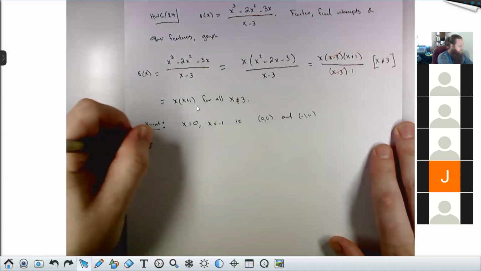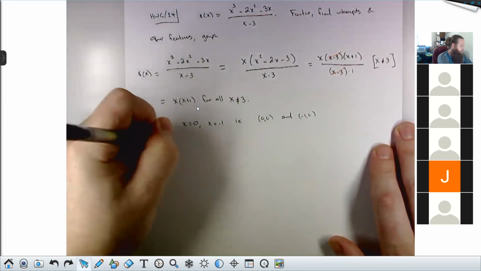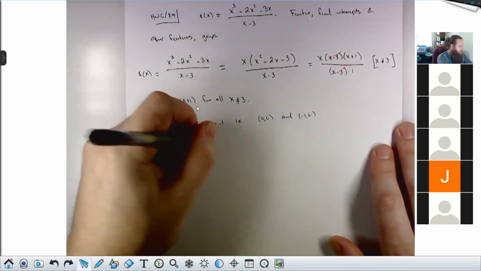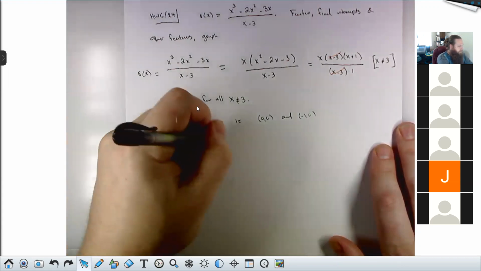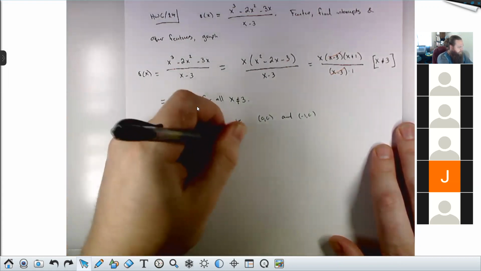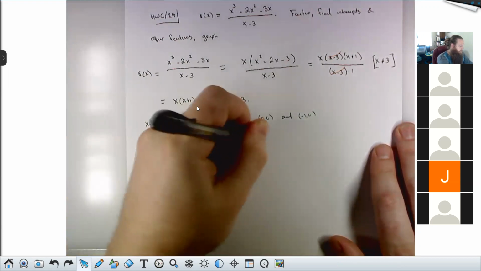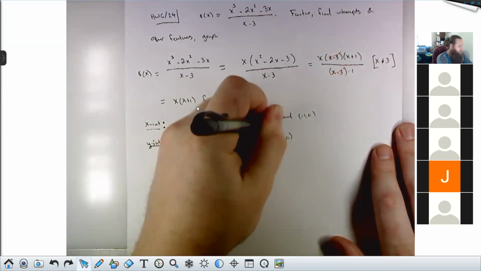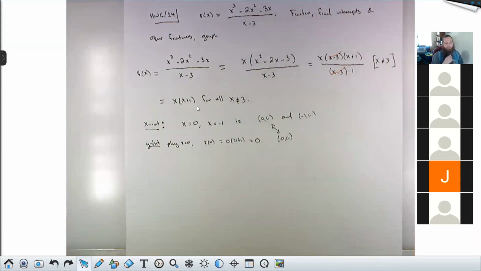Y-intercept, we always find that by plugging in x equals 0. So here r of 0, again, easier to work with this form. It's 0 times 0 plus 1, which is 0. So the y-intercept, we actually already had it. It's also an x-intercept.